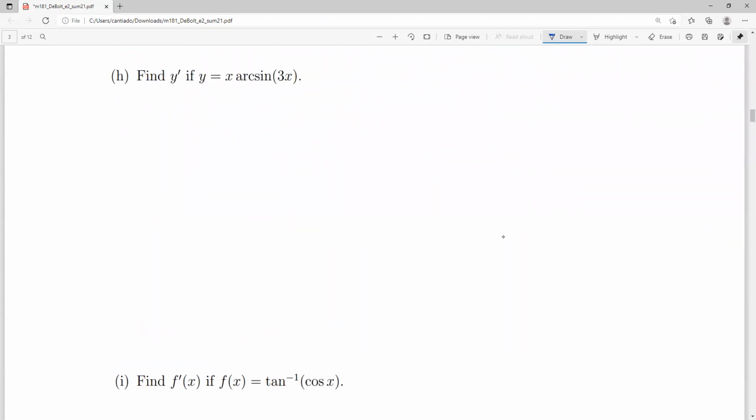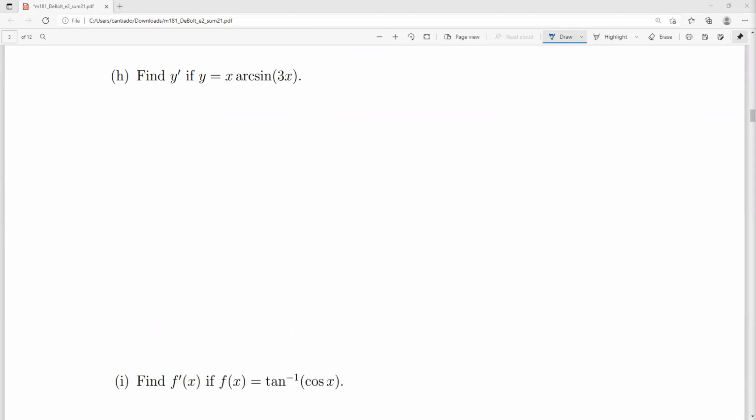Letter H, y prime if y is equal to this whole stuff. Okay, well, now we're getting into the inverse trig functions. So go ahead and pull up Google, just Google inverse trig derivatives, if you don't remember this off the top of your head, I certainly don't.